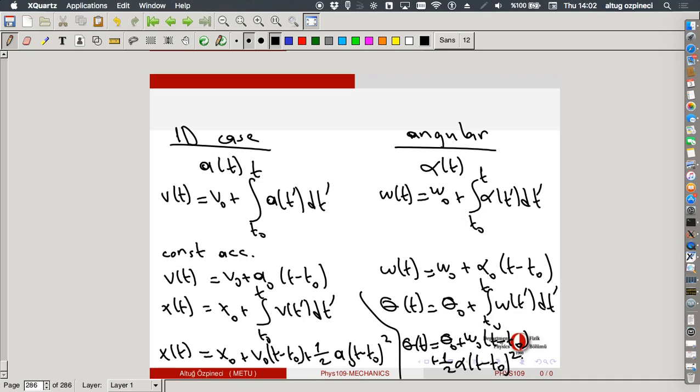Like the position is now the angle, the linear velocity is the angular velocity, the linear acceleration is the angular acceleration. Of course, although mathematically they're identical, what they mean for our physical system will be completely different. In the case of one dimension, we are talking about translational motion, but in this case, we are talking about rotations.